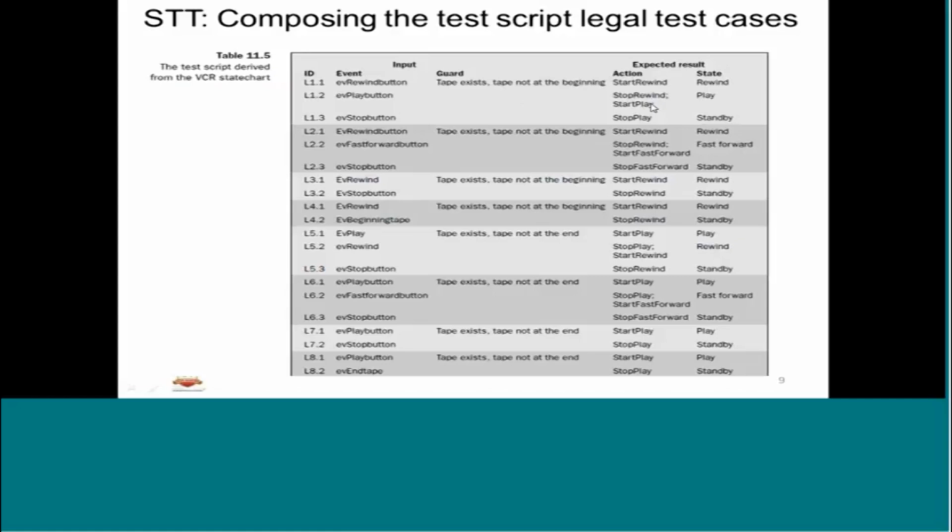As a result of that, it will go to the next state as play, and the resulting state is play. So the second test case, play button is pressed. What will happen? If it was in a rewind state, it will stop.